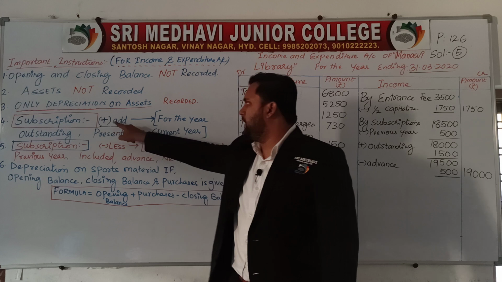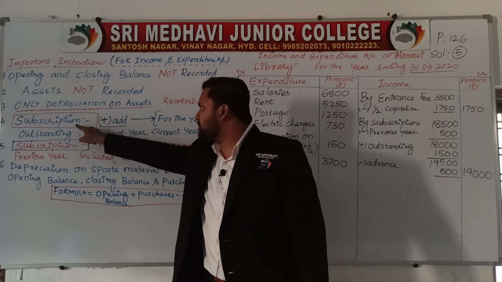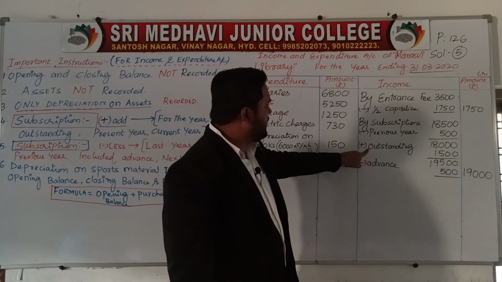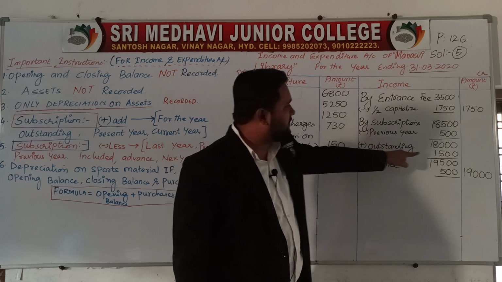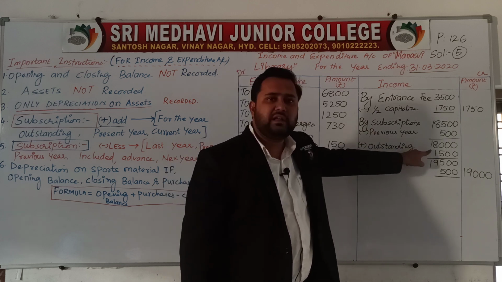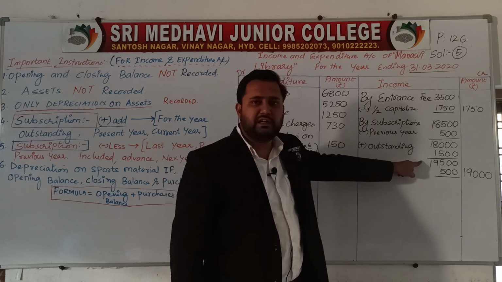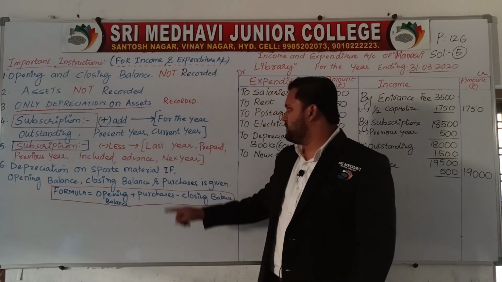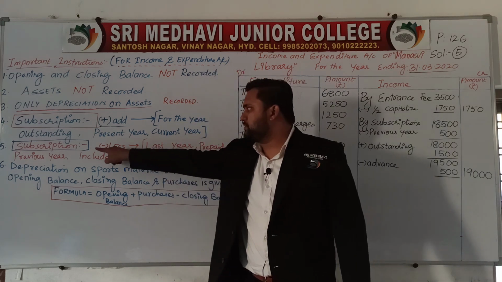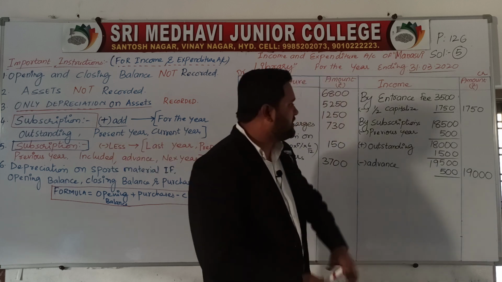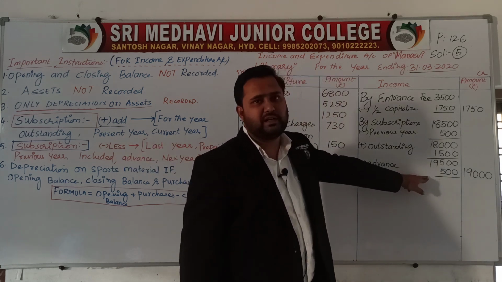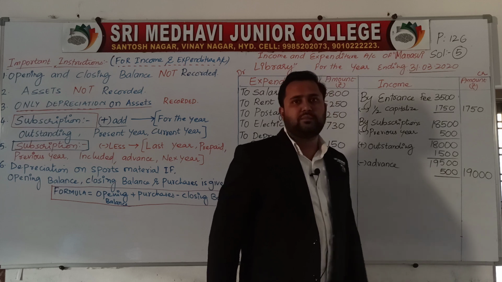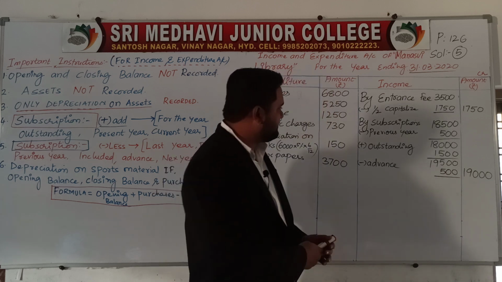Outstanding subscription 1,500 rupees: if you add 1,500 to 18,000, you will get 19,500. Advance subscription is minus 500 from 19,500. In the outer column, 19,000.